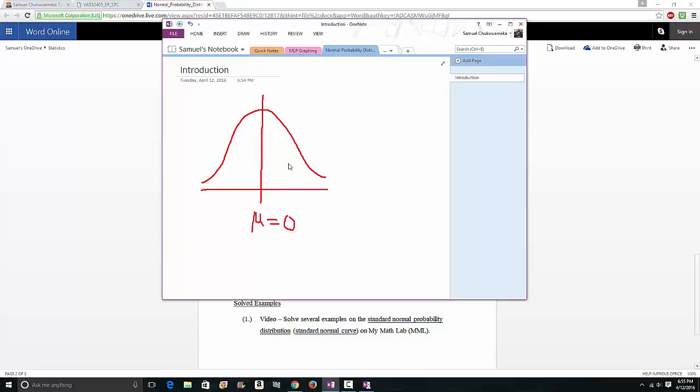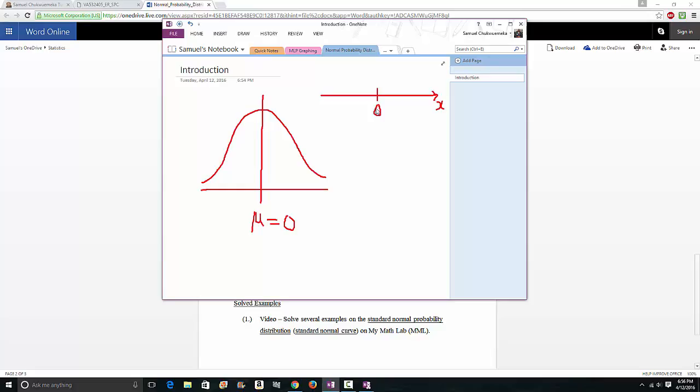Now, to the left of 0, if you look at your real number line, 0 is at the center. 0 is neither positive nor negative. 0 separates the positive numbers from the negative numbers. To the left of 0 are the negative numbers.